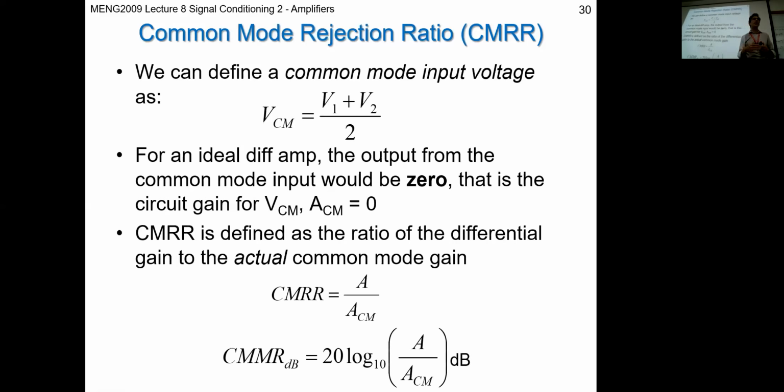If you recall, last time I put up a data table at the beginning of the lecture with a set of data about an ideal op-amp versus an actual op-amp. The ideal op-amp common mode rejection ratio was infinite. So that means your common mode rejection ratio would be infinite decibels as well.